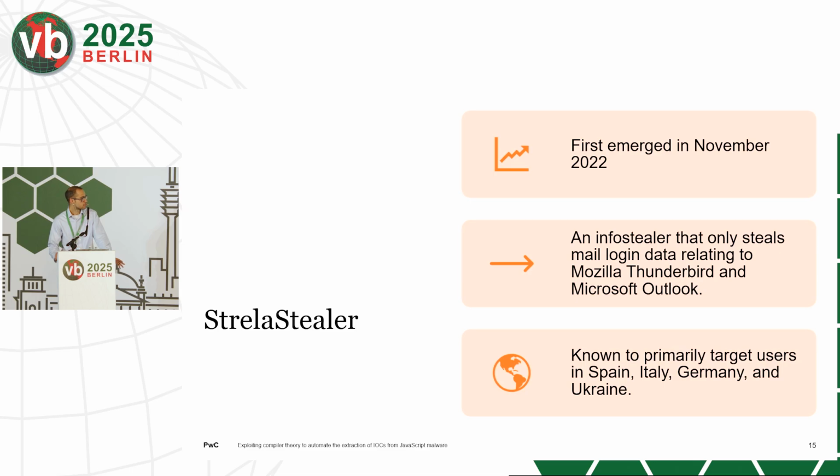And for both of them, it's trying to capture login data. Another unique feature of StrelaStealer is that its phishing campaigns seem to primarily target users in a handful of countries, namely Spain, Italy, Germany, and Ukraine.